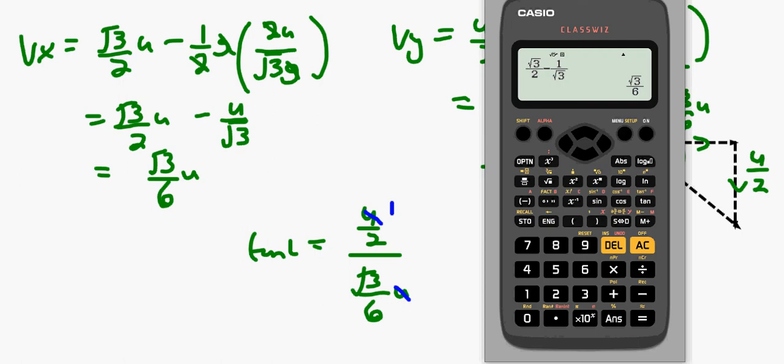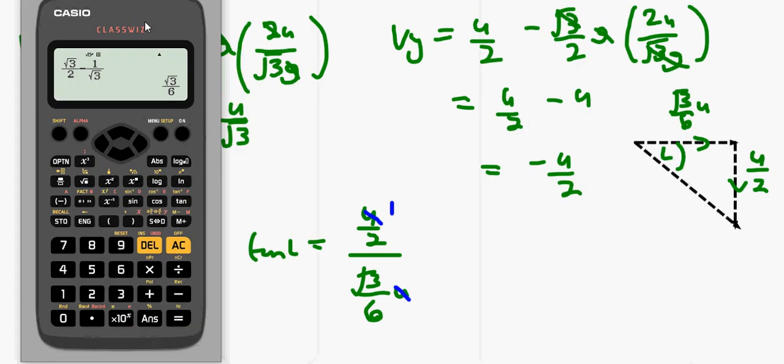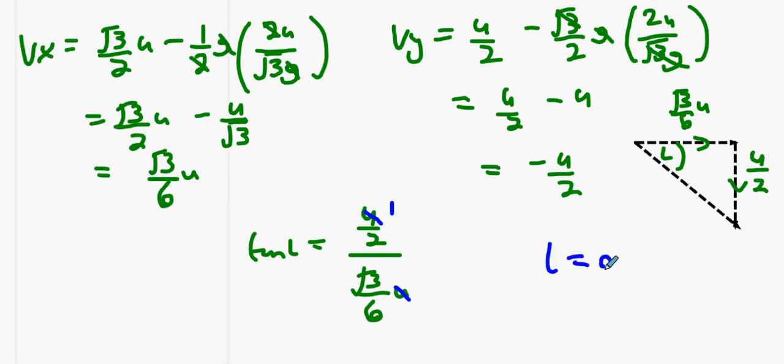I'm going to be pretty lazy about this. I'm just going to tan inverse it. Tan inverse of a half divided by root 3 over 6 gives 6 degrees. So L equals 6 degrees.